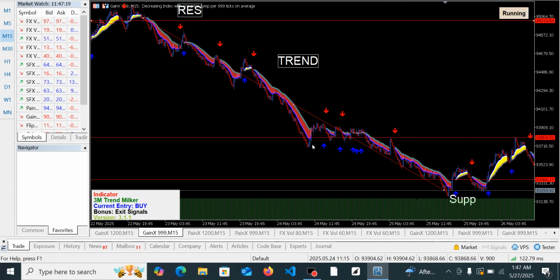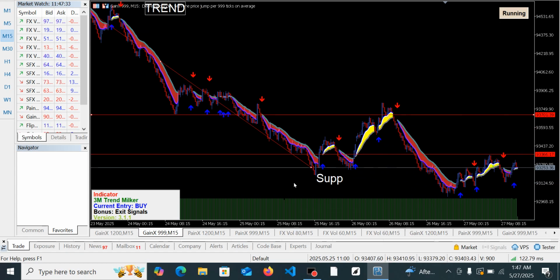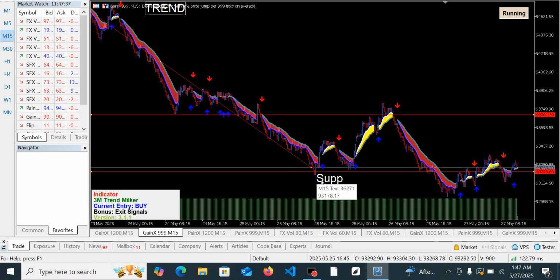This actually got to the support zone at this point, and it finds it difficult to break out below it, but at this point it broke out below it to give us more selling opportunity, and of course got to a new support zone at this point. You can see it right here.